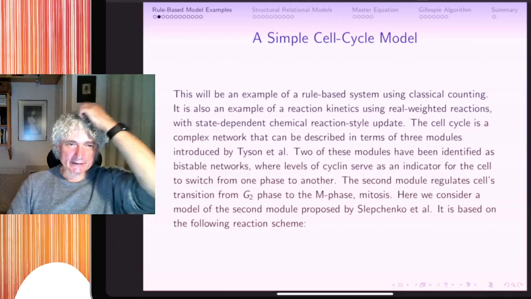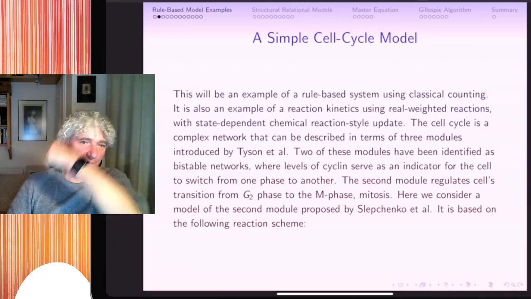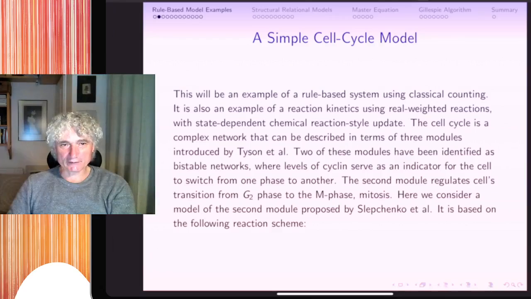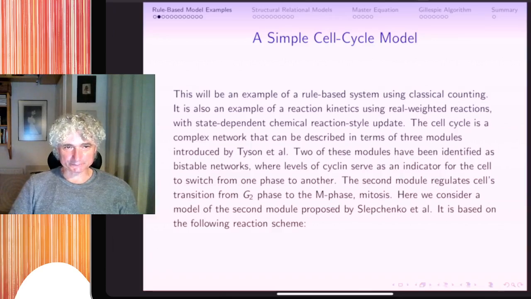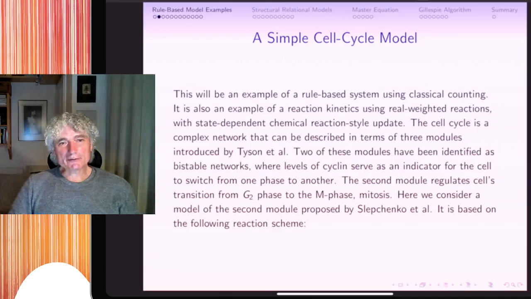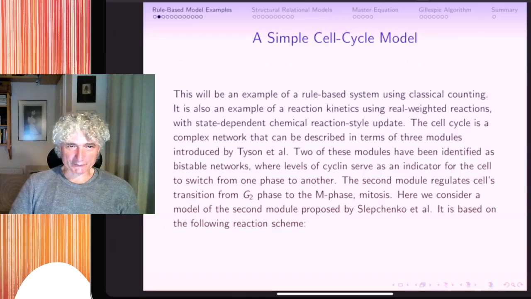They need to divide in unicellular organisms, of course, but they also have to divide in multicellular organisms. And in multicellular organisms, cell division is also related to things like developmental biology, but then, of course, also repair of tissues, etc. So this is a very important system to understand.